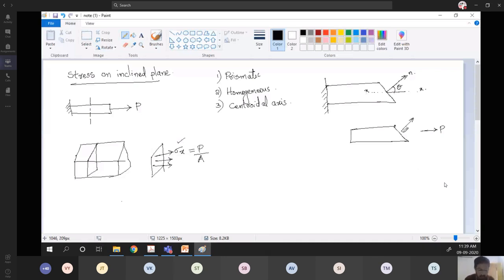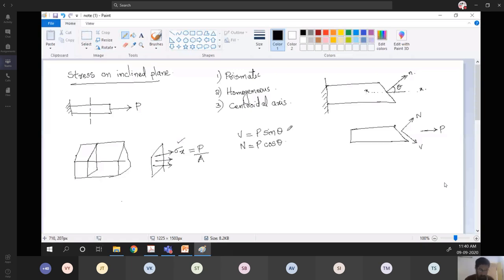Let N be the force component from P perpendicular to the inclined surface, and V the component along the surface. So what can we say about the relation between N, P and V? P square equals N square plus V square. That's true. So from that we get N equal to P cos theta and V equal to P sin theta.